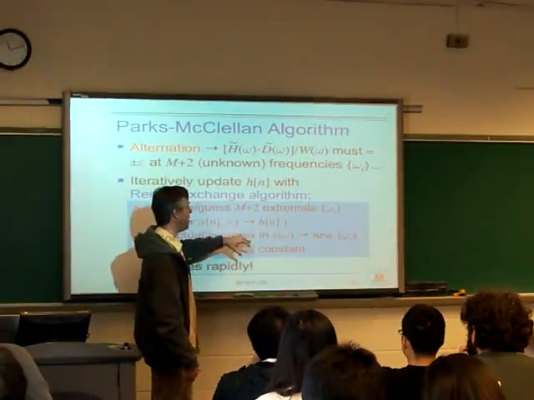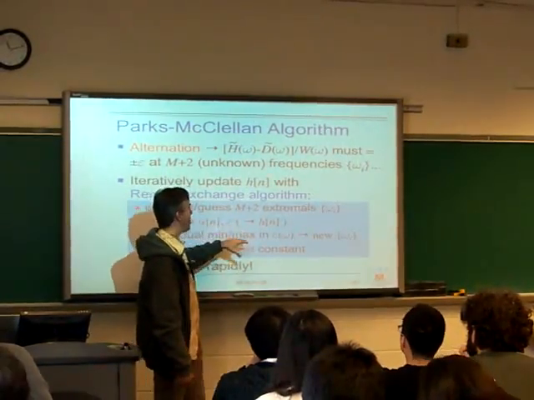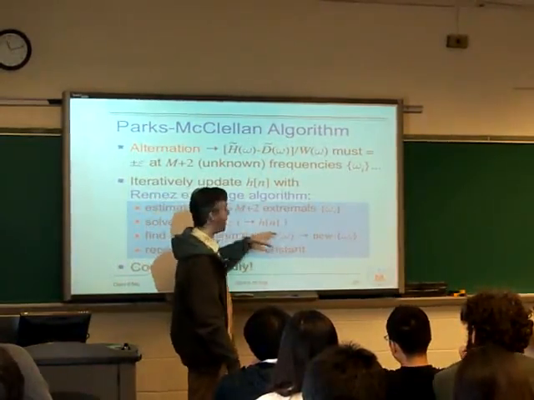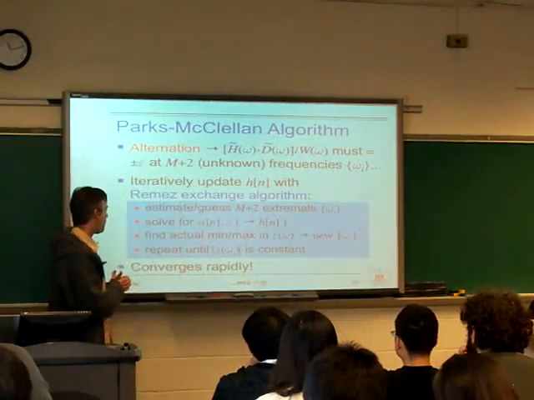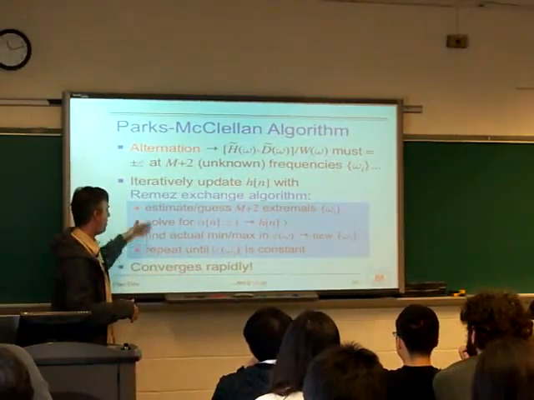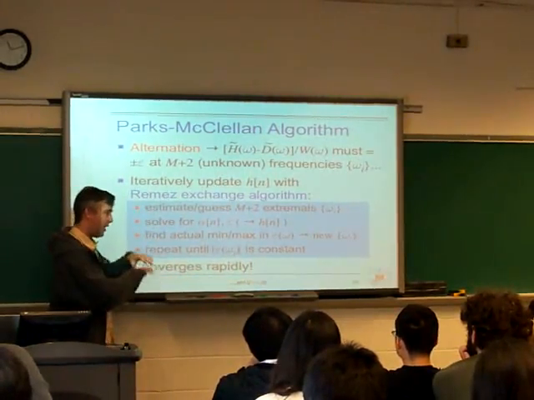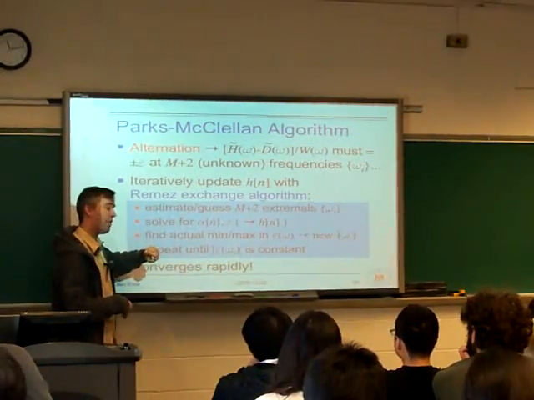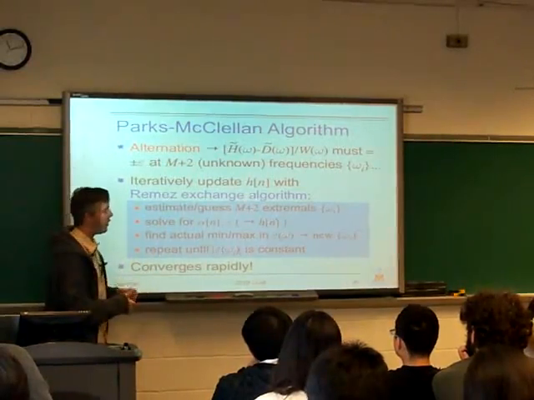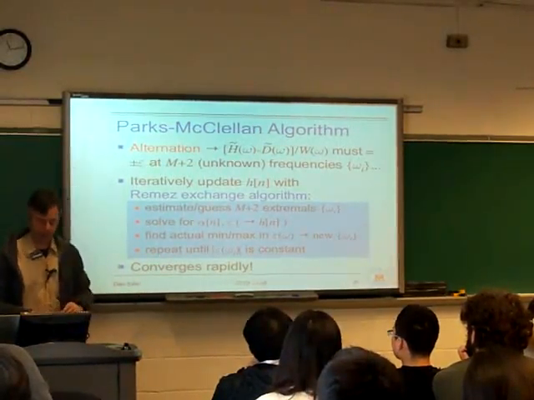I get a new polynomial from this new set of omega i's and see if they're actually the local optima. And then I repeat until I actually get the thing that has the local optimum. And it turns out that this converges very rapidly, typically in 5 or 6 iterations.